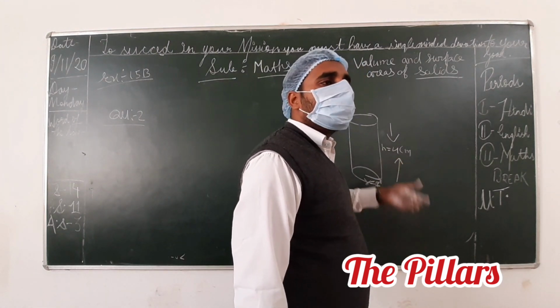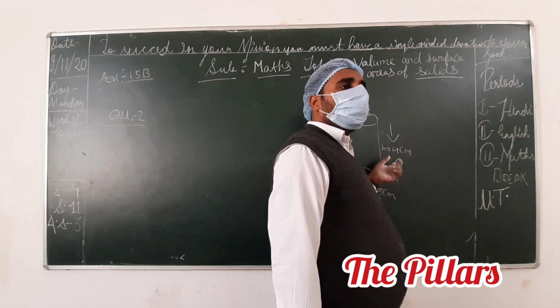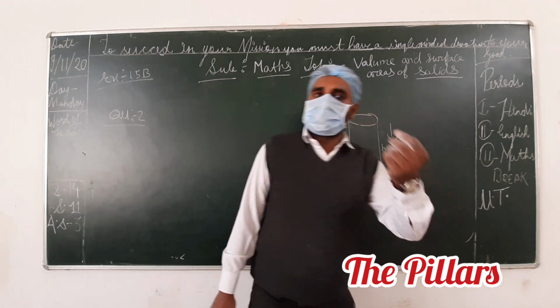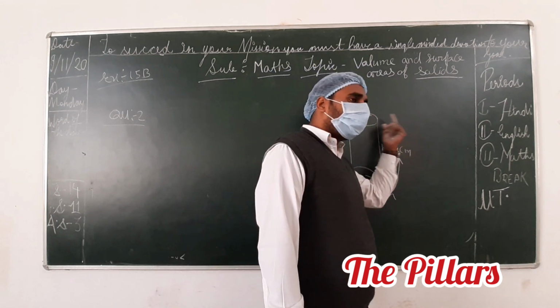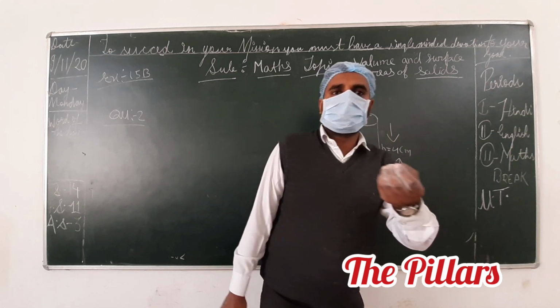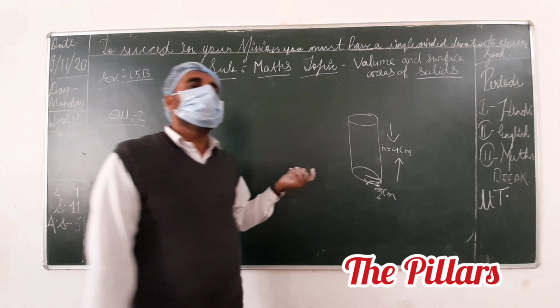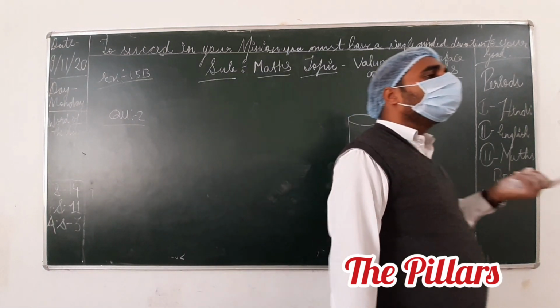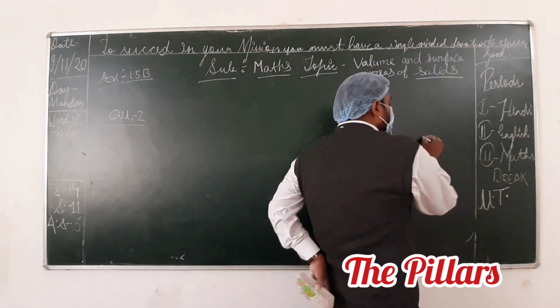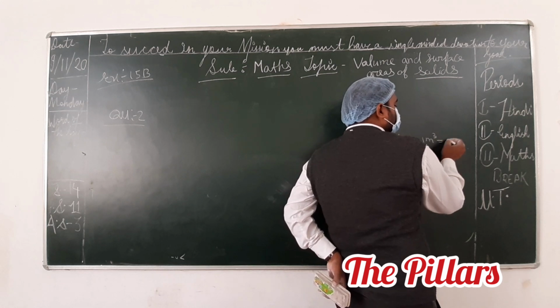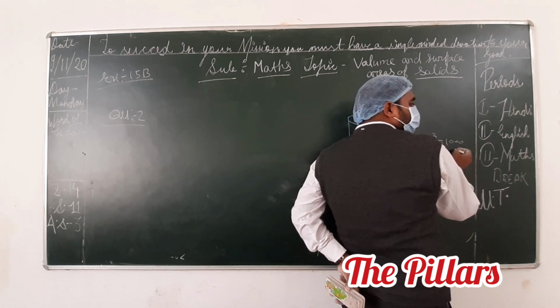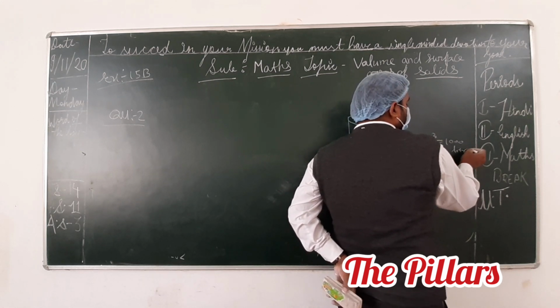So you calculate the volume for one patient, then multiply by 250. But it is liquid, so we have to convert into meter cube, and you know that 1 meter cube equals 1000 liter. Anyone have any problem?